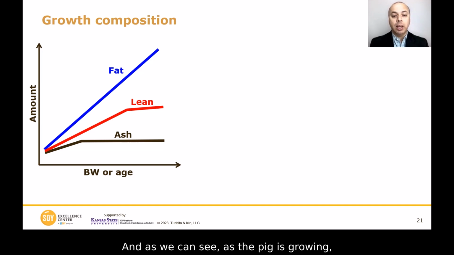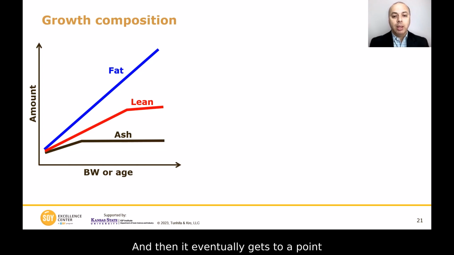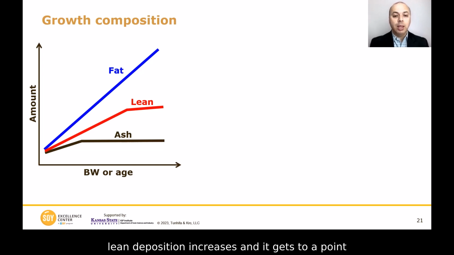As the pig is growing, obviously the skeletal system is growing with the pig, and then eventually it gets to a point where it starts to slow down once it reaches a certain mature state. In the case of lean, as we increase body weight or age, lean deposition increases and it gets to a point where it starts to diminish eventually.